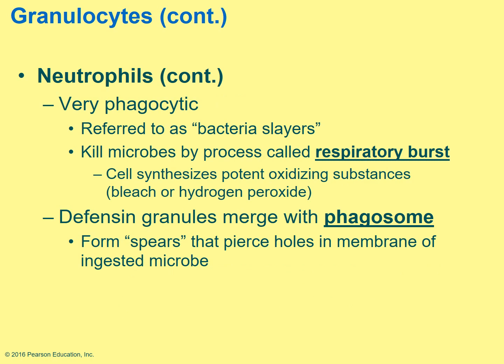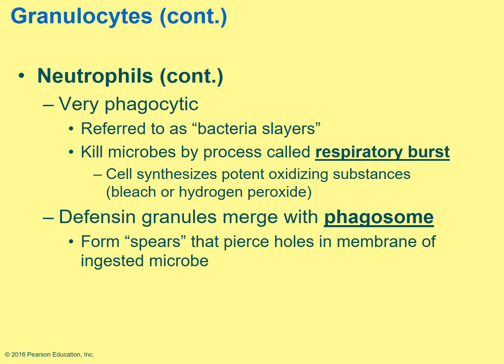They do carry out phagocytosis. They often will poke holes in the membranes of bacteria that they engulf. So they are very good at helping to protect you against bacterial infections.